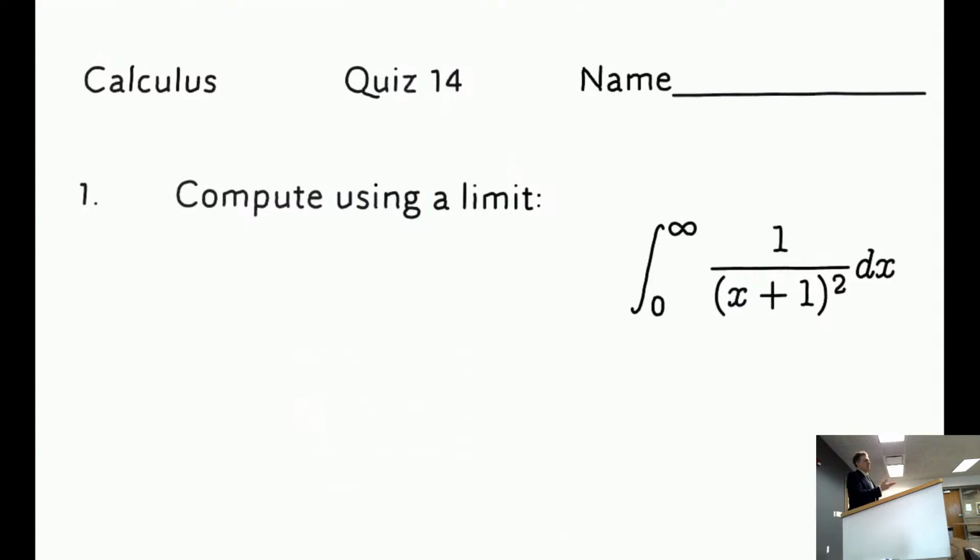So I'll give you like 5 minutes to do this, and then we'll go over it as a group. I'm not going to collect this, but still try to do your best and put a limit in there somewhere. So humor me on that point if you would.